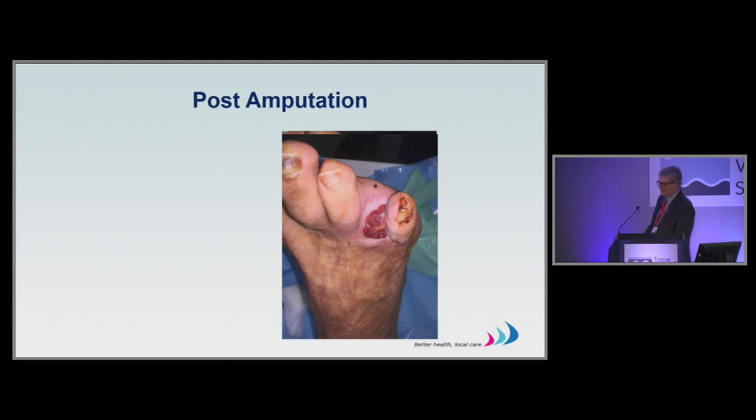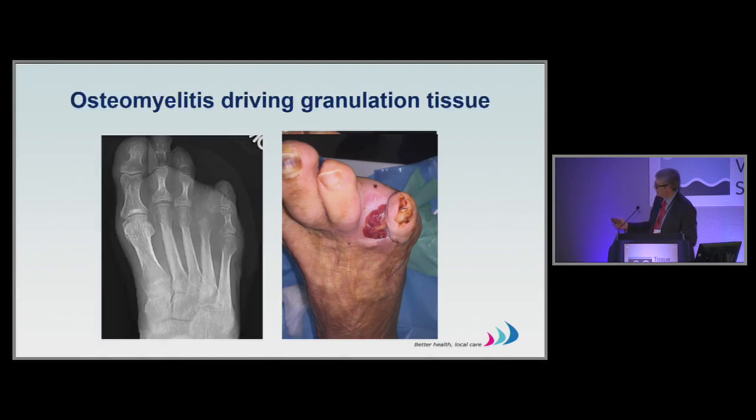It's not looking very good, is it? So this was a real sort of growth, like a broccoli head of granulation tissue coming up, and then the importance that we take serial x-rays, and you can see there's osteomyelitis of the fourth metatarsal head, and then some into the fifth. And the plan was for her to go in and have her fifth toe taken off and cleared out.